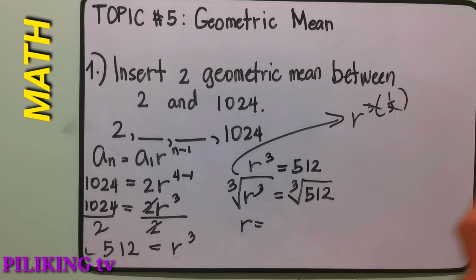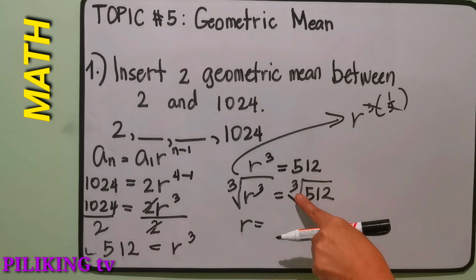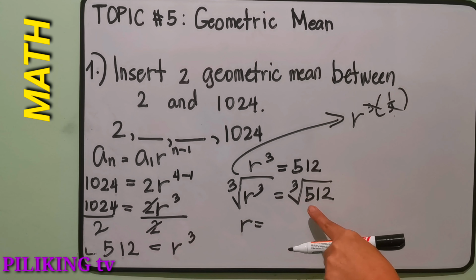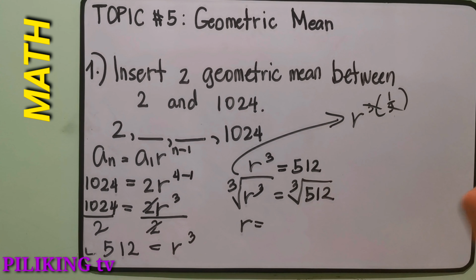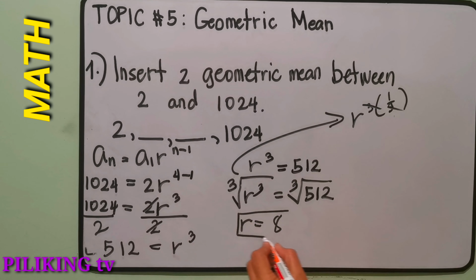So you can cancel 3, so the remaining is r. So r is equal to the cube root of 512, so think of a number that when you raise to the third power gives 512. So that is 8. So r is equal to 8.